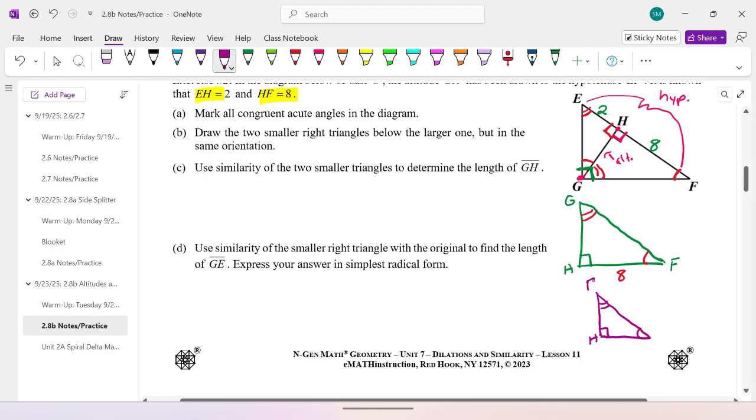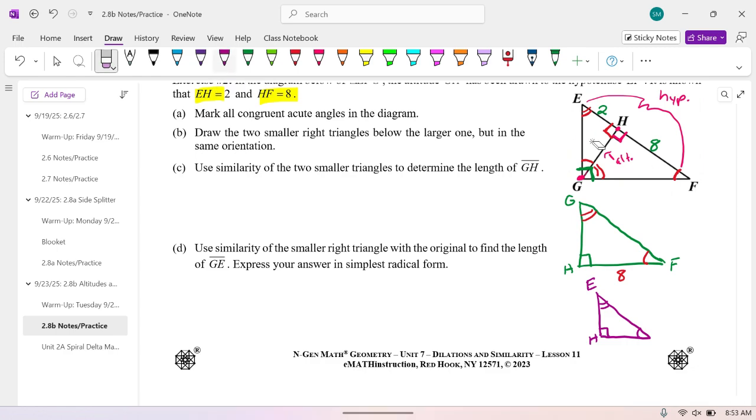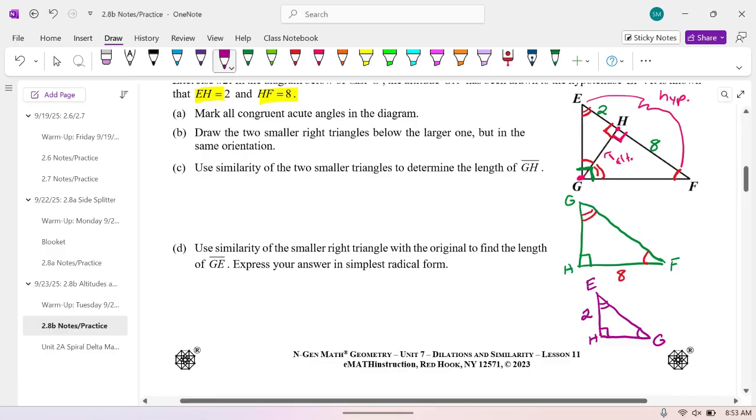E. So we just did this triangle, so now we're looking at this triangle. All right. So E goes with the 2 ticks, so that means G is right here. And which side length do we have? EH. So this one would be 2.